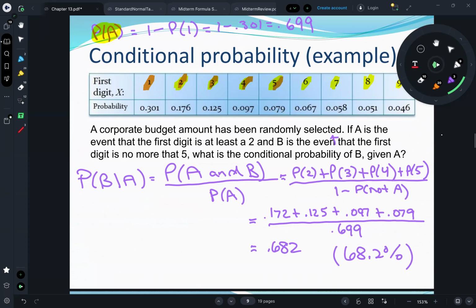So the probability of B is going to be the probability of it being a 1, plus the probability of it being a 2, plus the probability of it being a 3, plus the probability of it being a 4, plus the probability of it being a 5. And that would be your B, your probability of it being no more than 5.